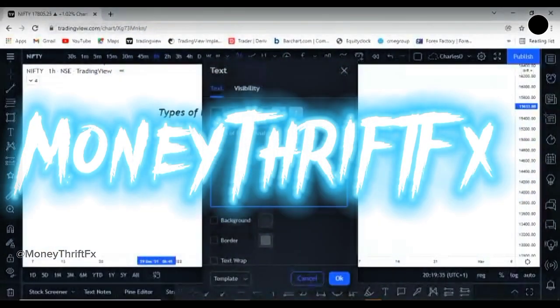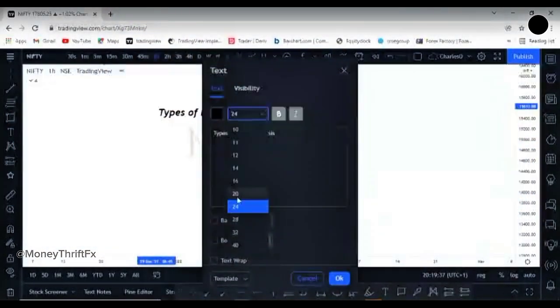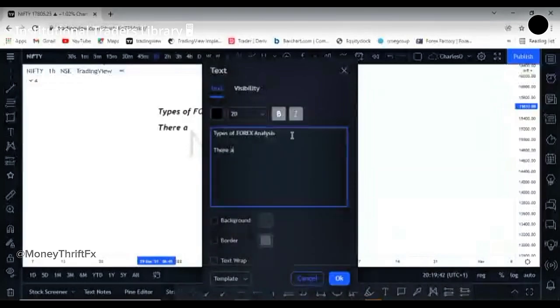The analysis we're going to be discussing now. So there are three types of analysis.